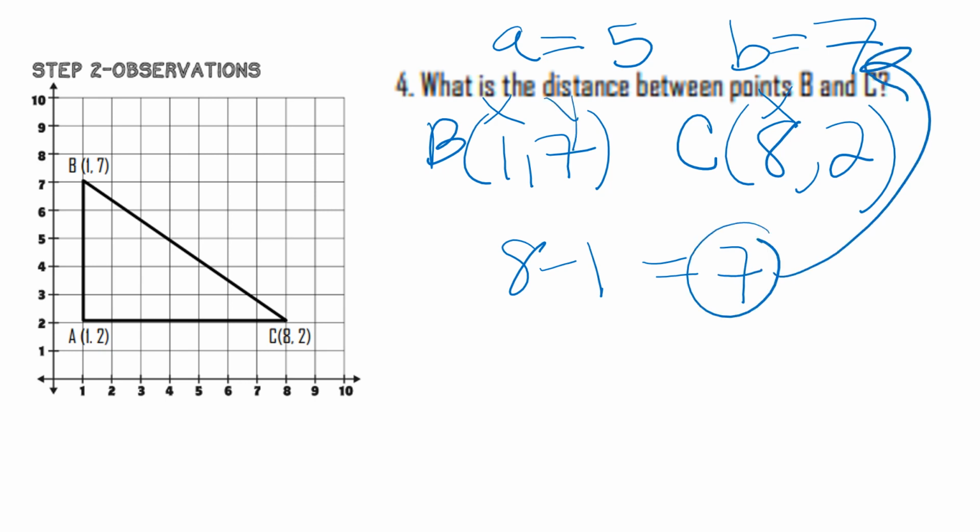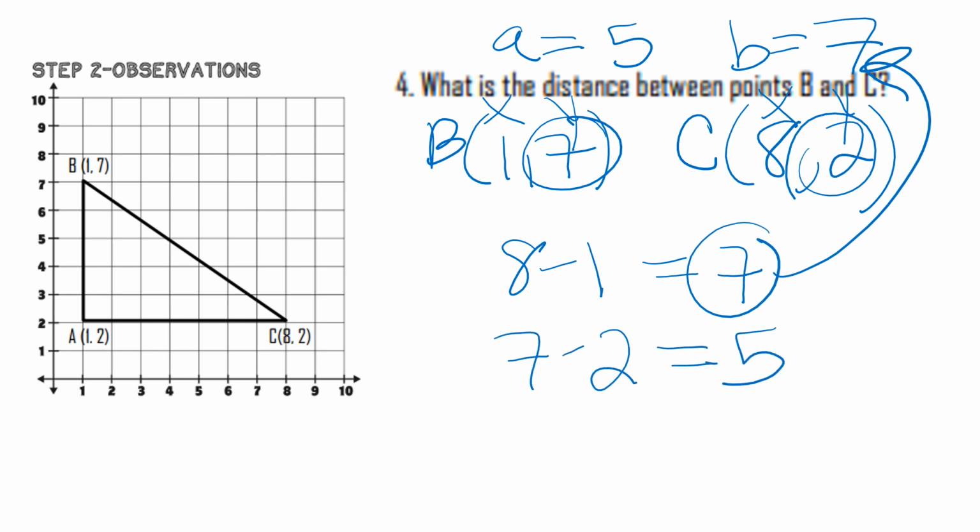And then for my y coordinates, if I take 7 minus 2, hey, look at that, I get 5, okay? So the nice thing about this is that if I subtract the x coordinates and I subtract the y coordinates, guess what? I'm able to find the lengths of my legs, and then I'm able to use the Pythagorean theorem.